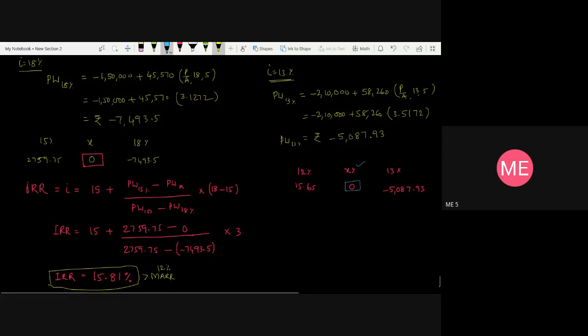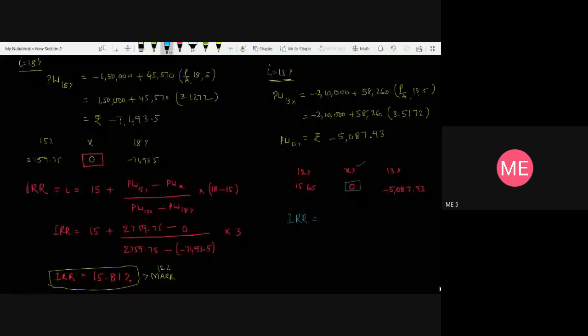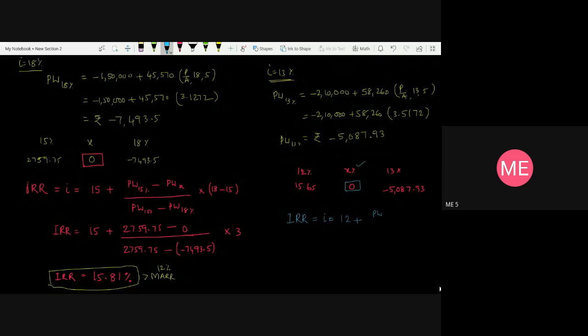So we use the IRR equation. IRR is equal to 12 plus present worth at 12% minus present worth at X, divided by present worth at 12% minus present worth at 13%, into the difference, that is 13 minus 12.